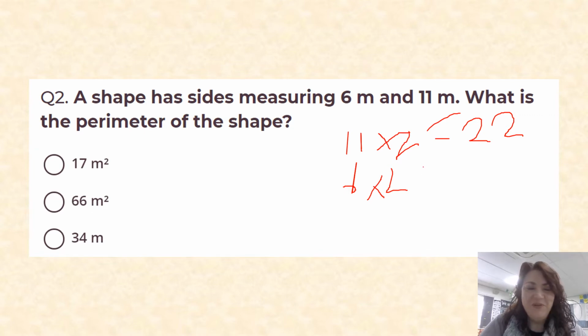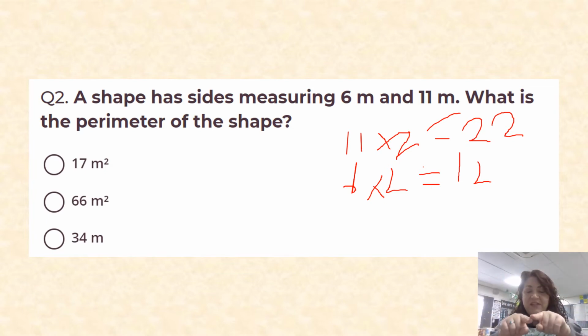Okay, 6 times 2 is 12, and then to add those together, we've got 20 and 10, which equals 30. 2 and 2 is 4. So I think it's 34 meters. And because we're measuring the perimeter, it's a distance. It's not squares, it's a distance, which is why our 34 meters hasn't got the squared symbol.